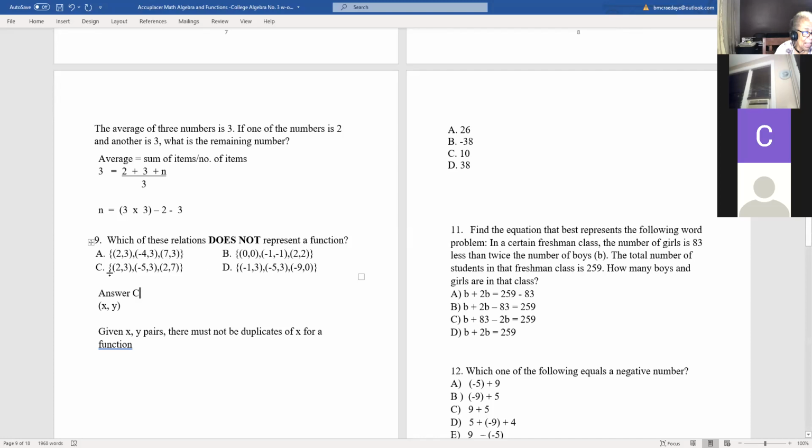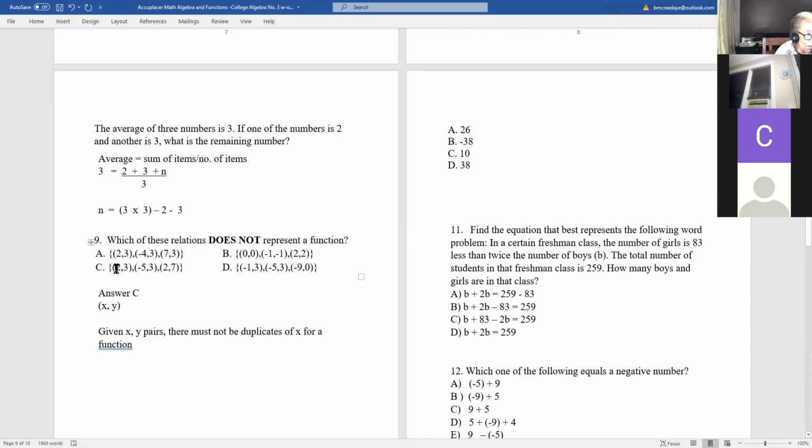Now look at C. C has a 2 here and a 2 here. That's duplicate x values. Follow? You know what? I was gonna say that before. Yeah, here that's x, y, x, y, x, y.